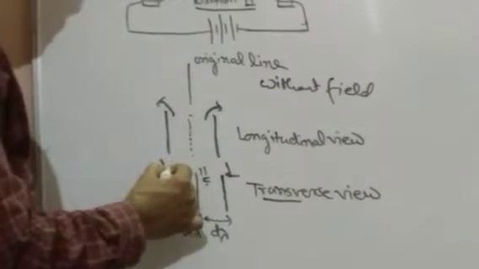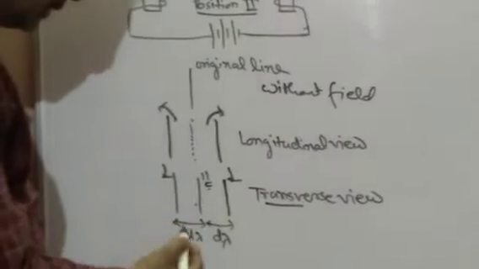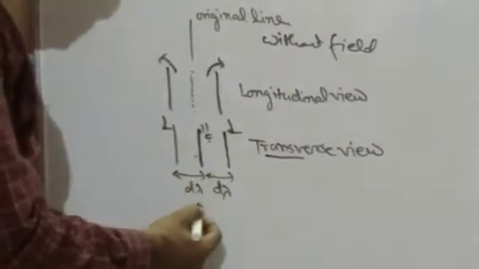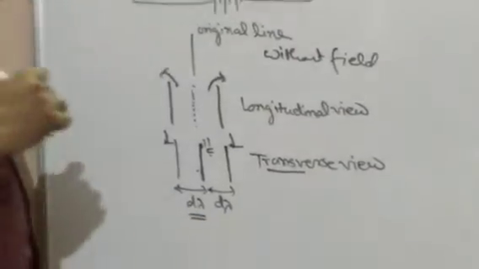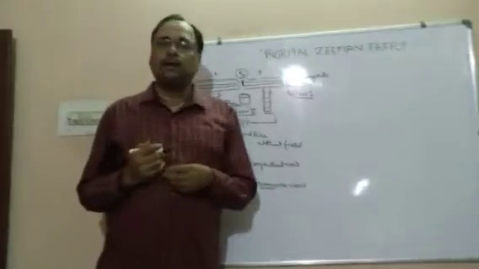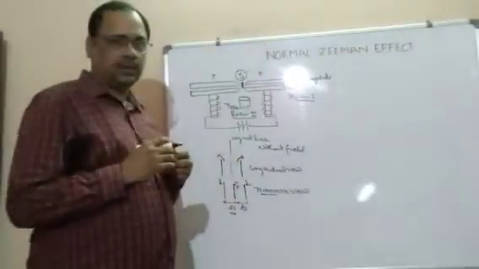You can see that there is a shift from the central line, which is called the Zeeman shift. So this is the whole idea of the normal Zeeman effect.